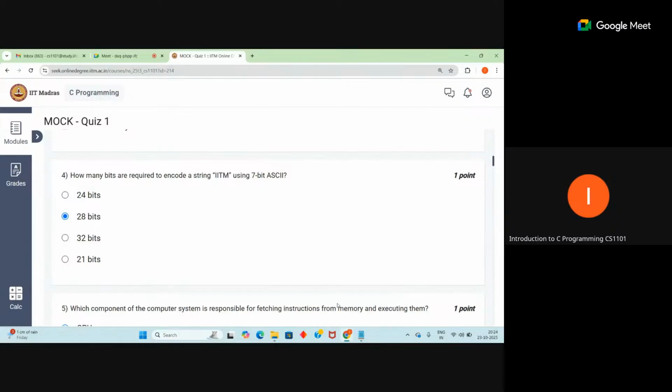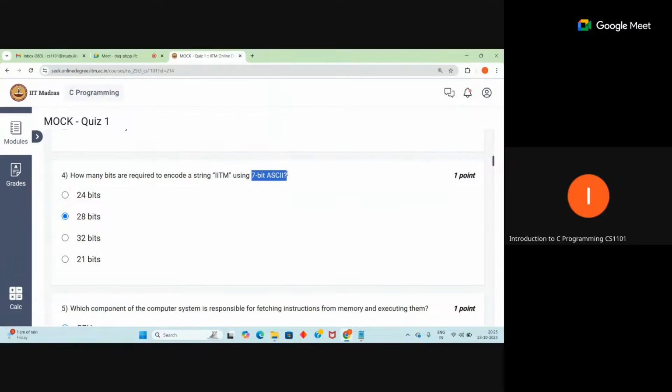To represent all the keys that are there in your keyboard, we require a minimum of 8 bits. 8 bits means you can distinguish 256 different values. Here it said 7-bit ASCII, not 8-bit ASCII.